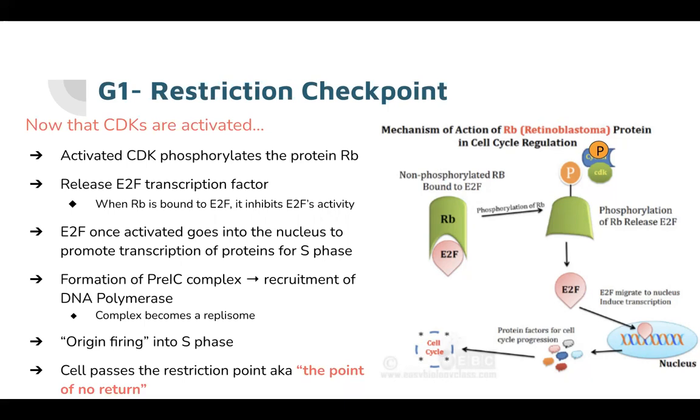And RB is bound to E2F in a way that holds E2F inactive. But once CDK is active, it can phosphorylate RB, and that causes RB to let go of E2F. And E2F is a transcription factor that will upregulate transcription of proteins that are needed for S phase.